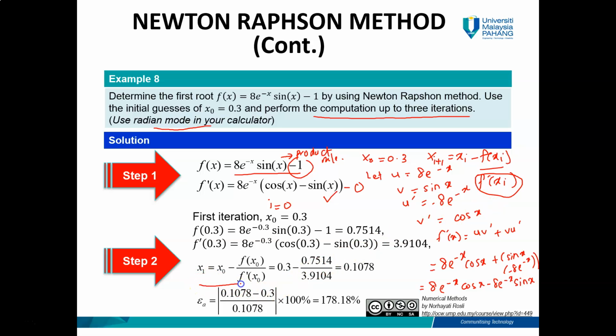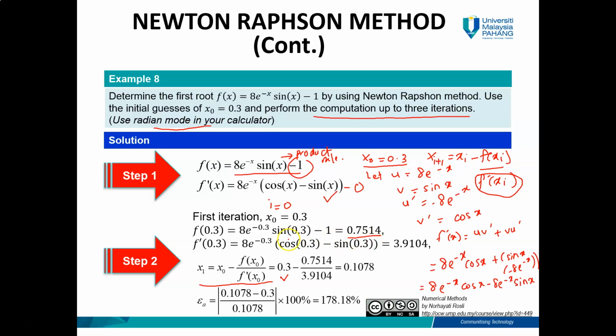But class, x naught is given in the question, it is equal to 0.3, minus f x naught, which is the function of x naught, that is the function of 0.3. That means you have to compute the function of 0.3 by substituting 0.3 in the original equation from the question. So it is e to the negative 0.3 sine 0.3 minus 1. You will get this as your answer.